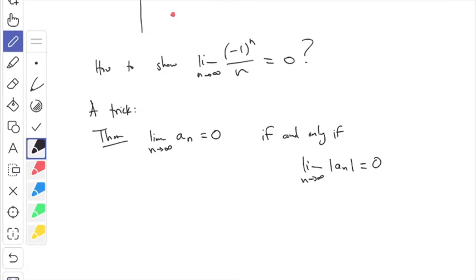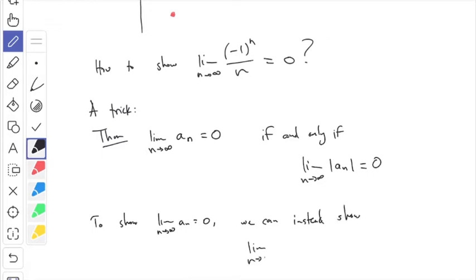What this means is sometimes you can show that the limit is 0 by instead showing that the limit of the absolute values is 0. So as a trick, to show that the limit as n goes to infinity of a_n equals 0, we can instead show that the limit of the absolute value is 0.